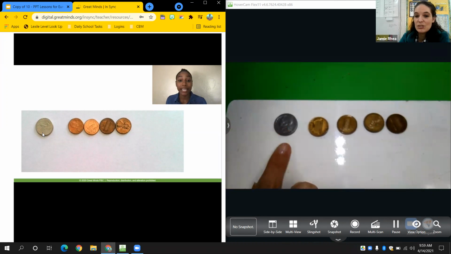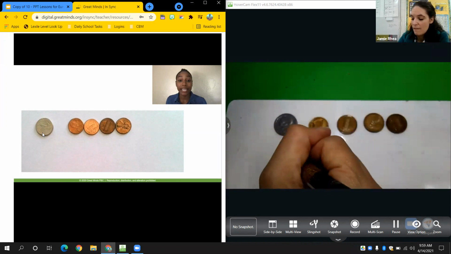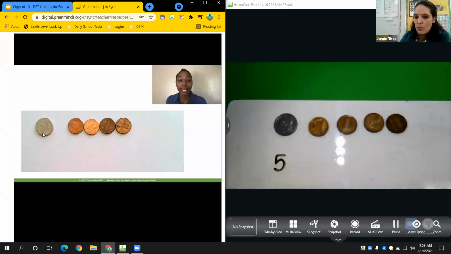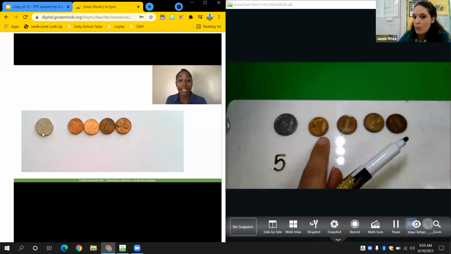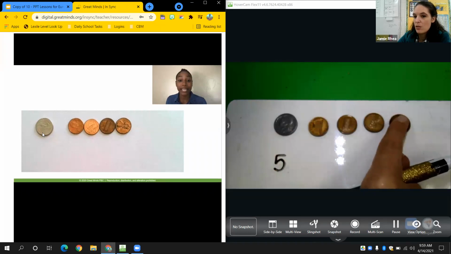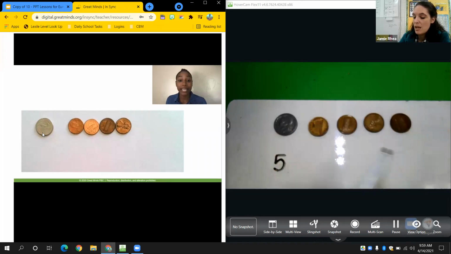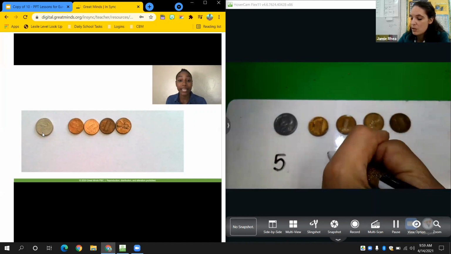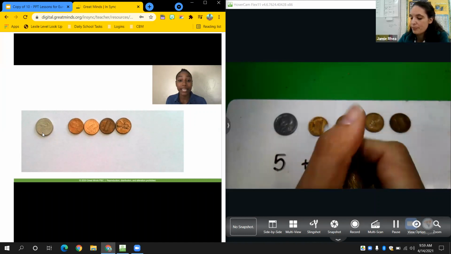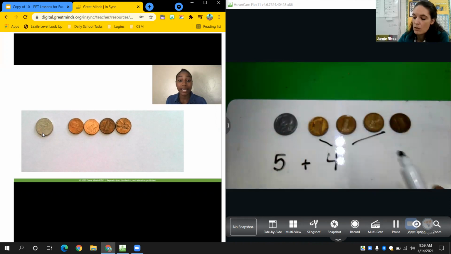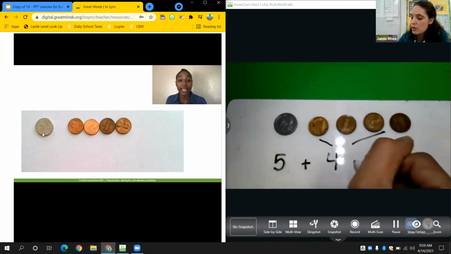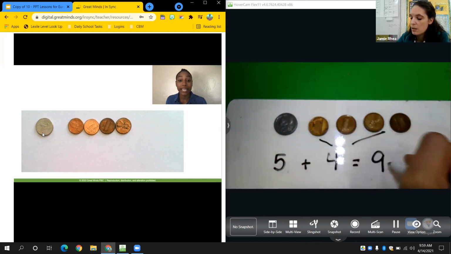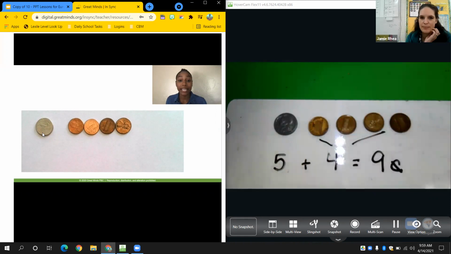This is a nickel. A nickel is worth 5 cents. Now there's only one, so we're only going to put 1 five. We know that each penny is worth 1 cent, and I can count 1, 2, 3, 4 pennies, so I have 4 cents. So 5 plus 4 equals 9 cents.